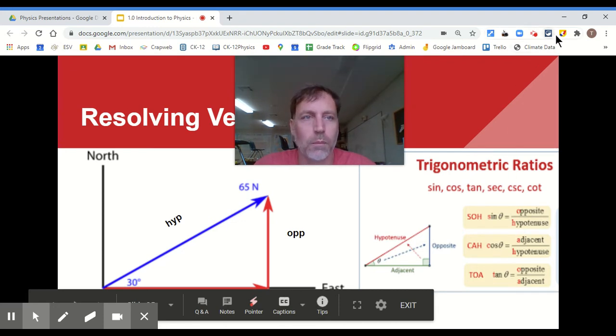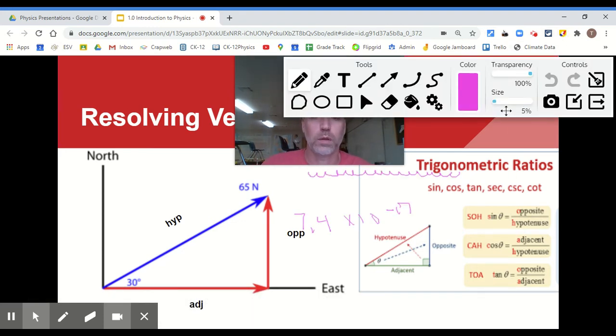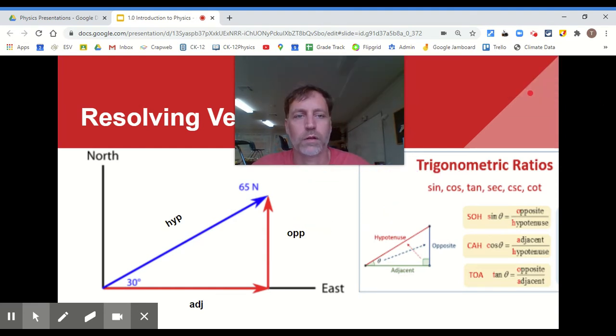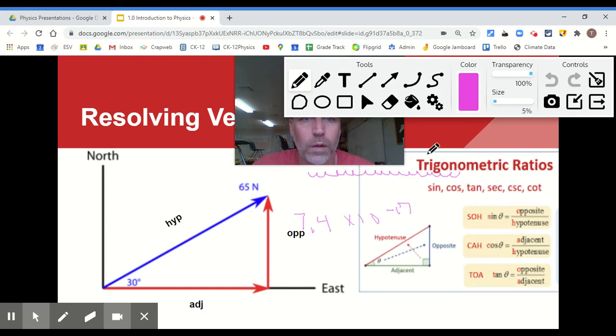Let me get out my pen here, and we'll do a little bit of our math together. Let me clear from last time. So how we do that is we take the length of that side, which is 65, and we multiply that times the sine of the angle we're dealing with.